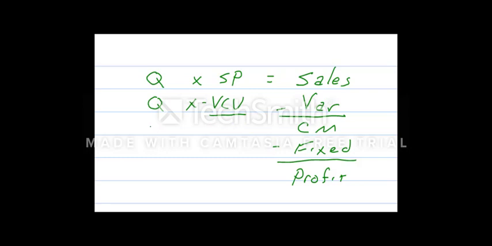Another way to calculate the contribution margin is to take the quantity sold times the contribution margin per unit, and you can get that by taking the selling price minus the variable cost per unit. Fixed cost will also almost always be given to you. Using this grid, you can solve just about any one of the problems that we have for CVP.